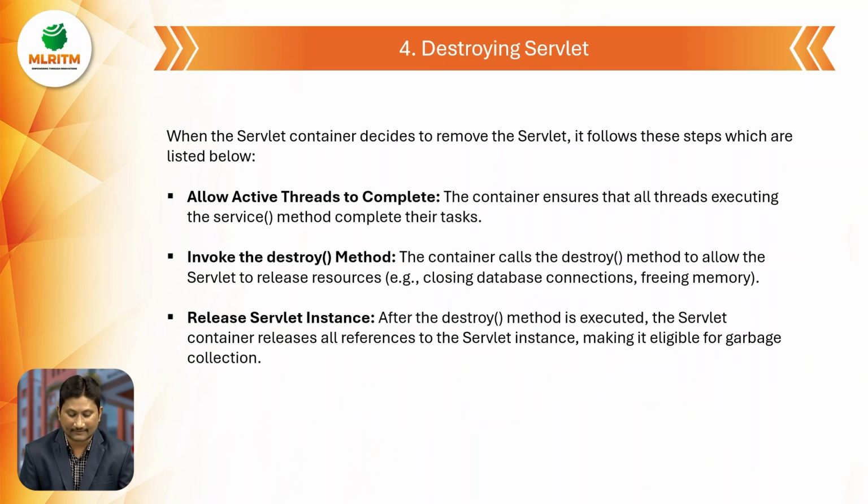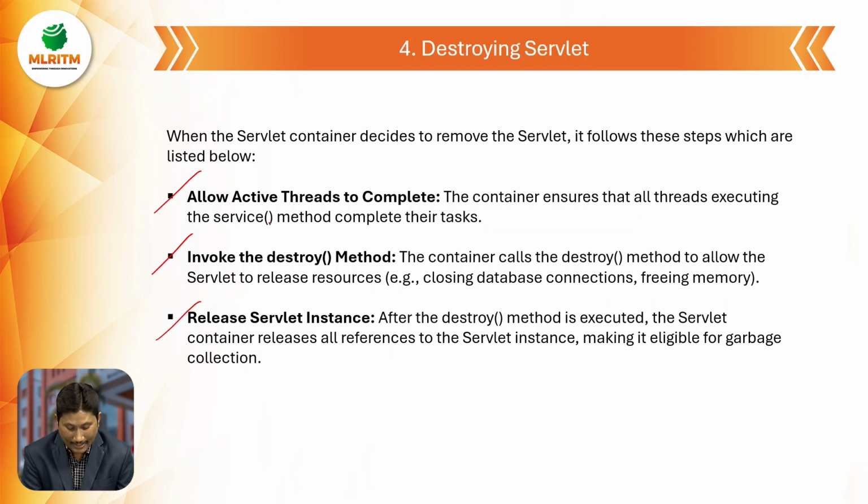Destroying a servlet. When the servlet container decides to remove the servlet, it follows these steps: allow active threads to complete, invoke the destroy method, and finally release servlet instances.